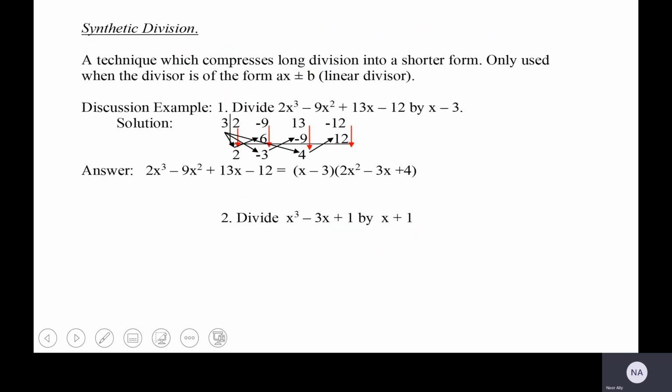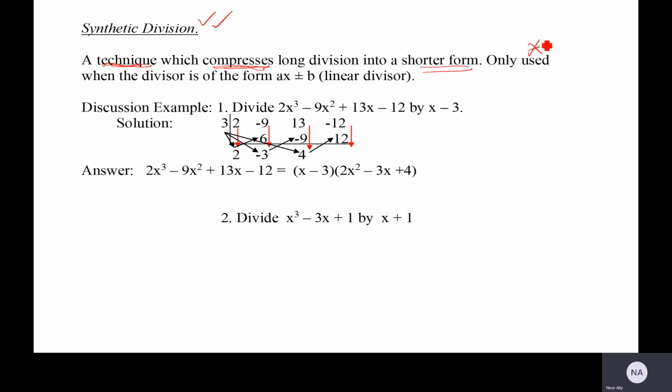Now, I want to look at another manner in which we can do division, and that is something that some of you have come across: synthetic division. In other words, it is still a technique of long division, but compressed into a very, very short form.